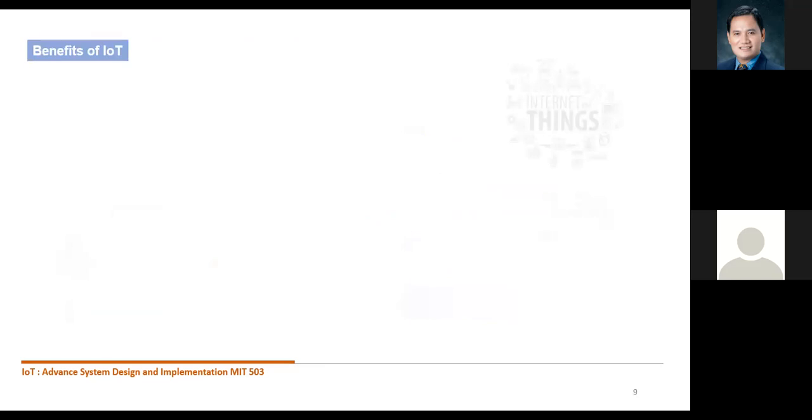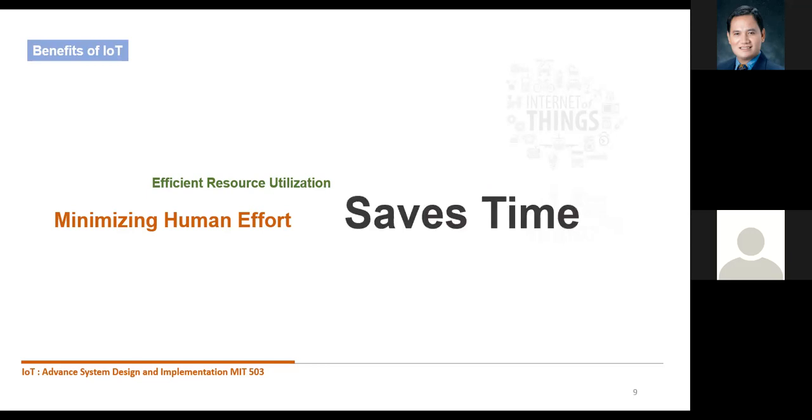Benefits of IoT: efficient resource utilization, minimizing human effort, which means you no longer need to keep watching. A smart device's inputs can generally give you results based on the rules you set. It saves time, of course, including travel, because it's already real time.